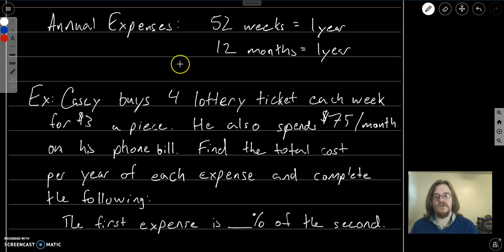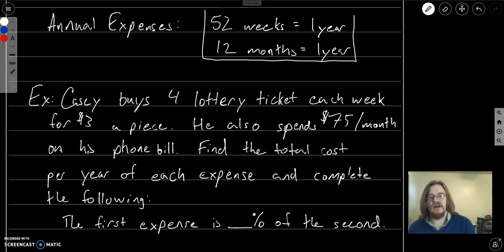Now, if there's 4 weeks in every month and only 12 months in a year, that doesn't quite add up to 52 weeks, but remember that 4 weeks in a month is not quite accurate. There's a couple of extra days every month. So these are the conversions that we'll use for annual expenses. And let's just read the question and see what this is asking us.